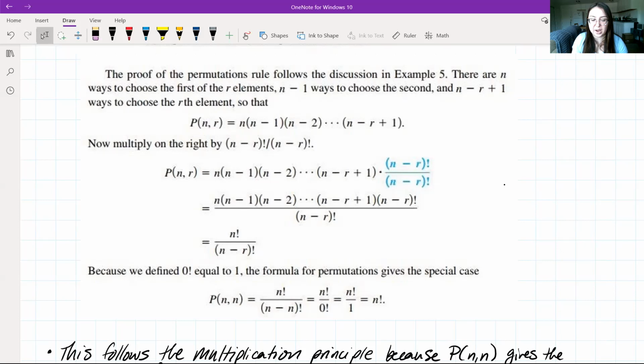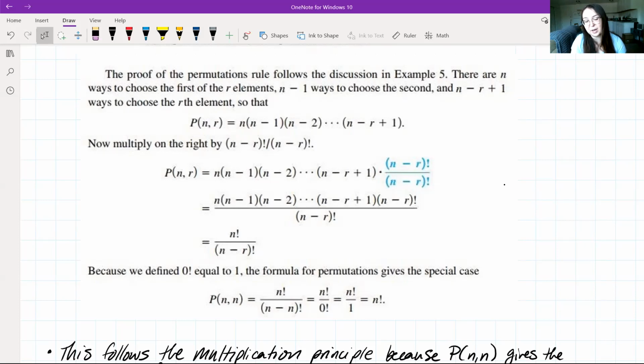So now I multiply on the right by n minus r factorial divided by n minus r factorial, which is what we saw before when we multiplied by 3 times 2 times 1 divided by 3 times 2 times 1. We are multiplying by n minus r factorial. That was our 8 minus 5 factorial, which was 3 factorial. So we multiply by 3 factorial. Just like how we saw before, we end up with our values going from n down to n minus r plus 1, and then we multiply by the fraction of n minus r factorial divided by n minus r factorial.